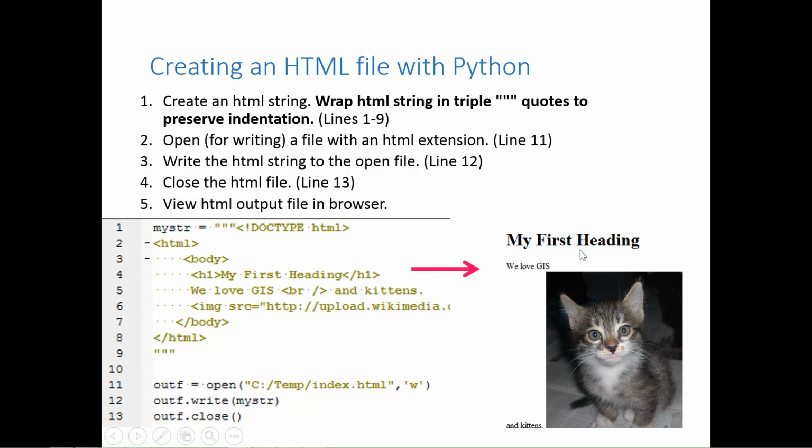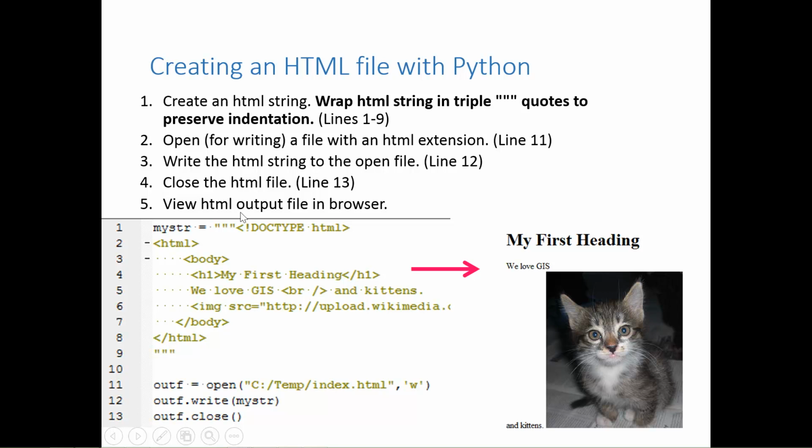In this example, we are writing this page with Python. We can create the HTML string using triple quotes. Cast your mind back. Do you remember why triple quotes can be useful? If you said it's because they will preserve indentation, that's the reason that we're using them here. So it'll allow you to make a string on multiple lines and preserve the spacing of the string that you've created.